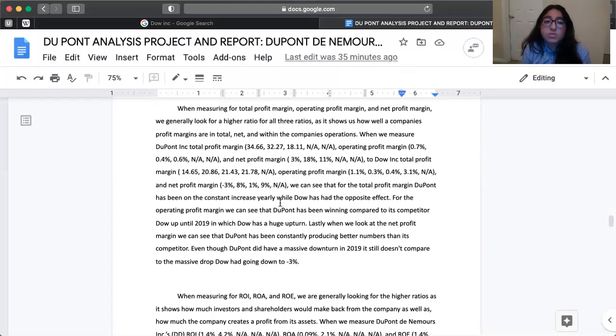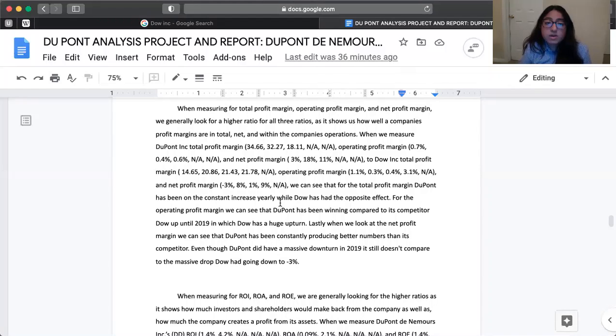When we measure DuPont's profit margin, operating profit margin, and net profit margin to Dow's, we see that for total profit margin DuPont has been consistently increasing yearly, while Dow has the opposite effect.